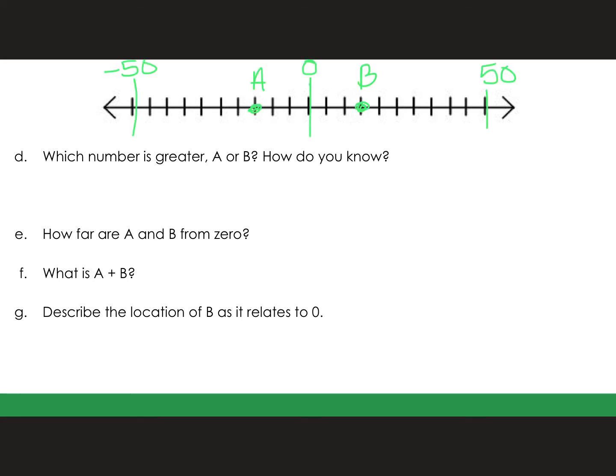Which number is greater, A or B? How do you know? So whatever number is farther right on the number line is always going to be bigger. So B is bigger, and it's because it's farther to the right on the number line.